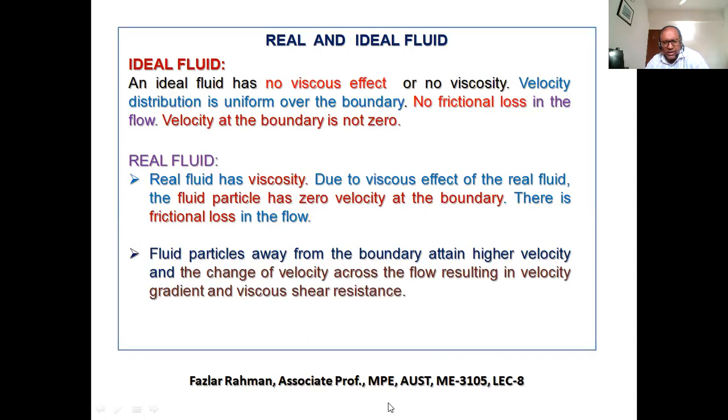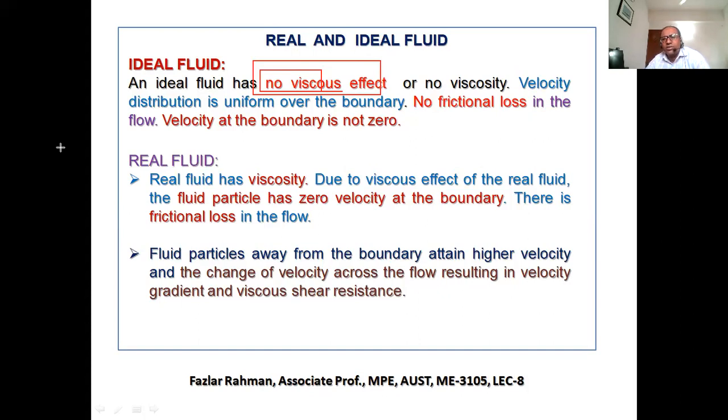So Bernoulli derived the equation based on assumptions. For simplification, he ignored the viscosity of the fluid. He said there is no viscosity of the fluid, so what will happen?